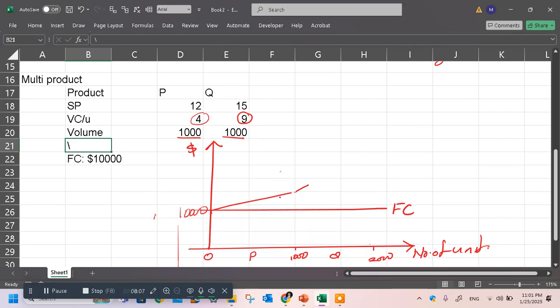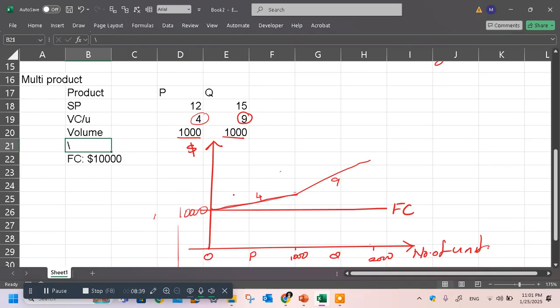Let's draw it carefully. So can you see it will be a broken graph? This is the first part of the graph. This is the second part of the graph. This is why lower slope, because it is increasing at a rate of $4. Why is it higher slope? It is increasing at a rate of $9.